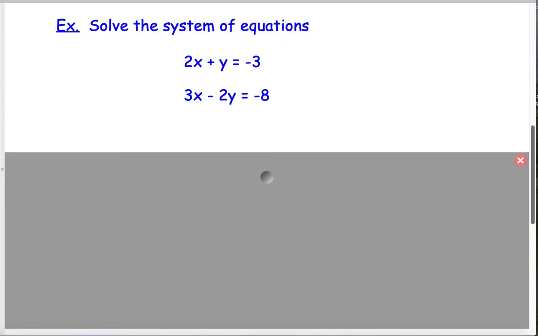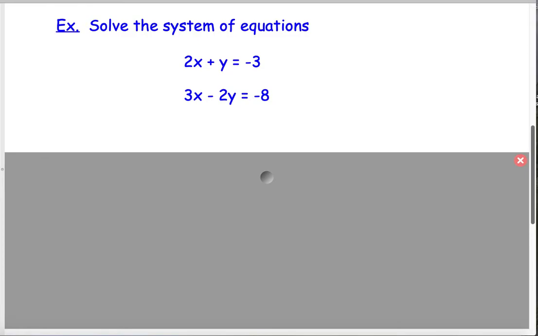Or probably most of you would do elimination. That's where you add the two equations together, or you add a multiple of one equation to the other. Either way you want to handle this, let's say I'll do elimination.